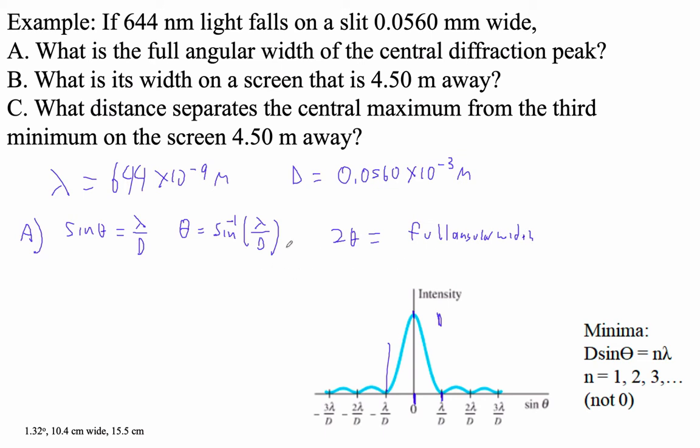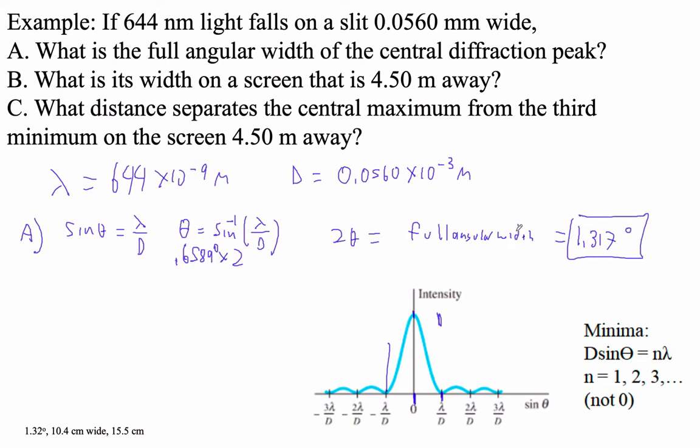And I'm getting the half width is 0.6589. I am in degrees. So I'm going to multiply by 2, so times 2 is 1.317. Full angular width is 1.317 degrees.